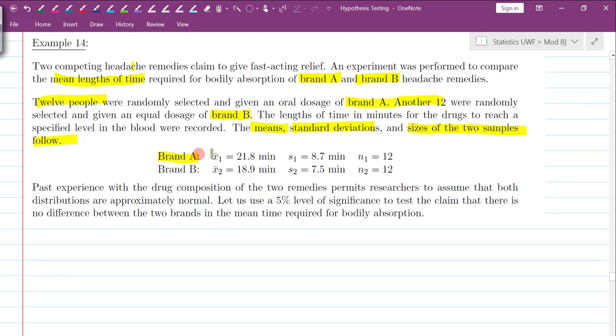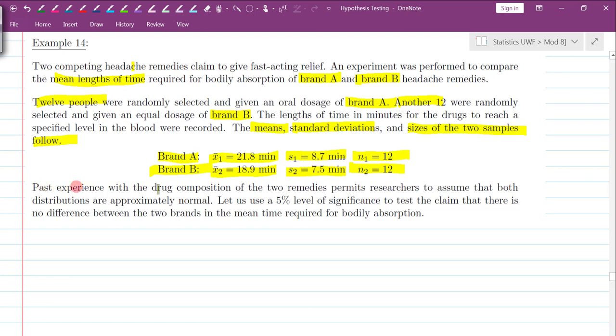For brand A, X bar is equal to 21.8 minutes. Standard deviation is 8.7, sample size 12. Brand B, X bar is 18.9 minutes. Standard deviation is 7.5 minutes, and our sample size was 12. So just a quick cursory overview is that B was faster on the X bar, and it also yielded a smaller, tighter standard deviation, which is interesting to observe.